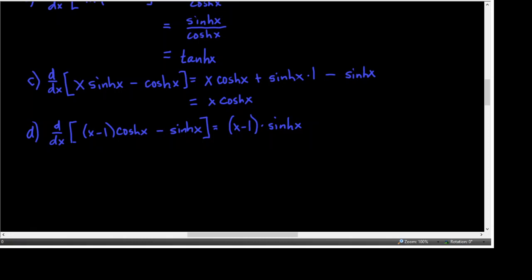Anyway, first times the derivative of the second plus the second times the derivative of the first, and the derivative of x minus 1 is just plain 1, minus the derivative of hyperbolic sine is hyperbolic cosine of x. And simplifying, we're left with x minus 1 times hyperbolic sine of x.